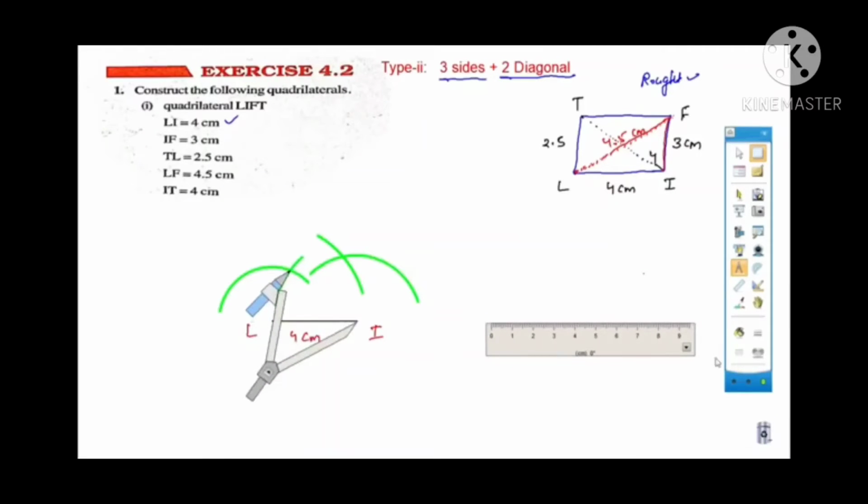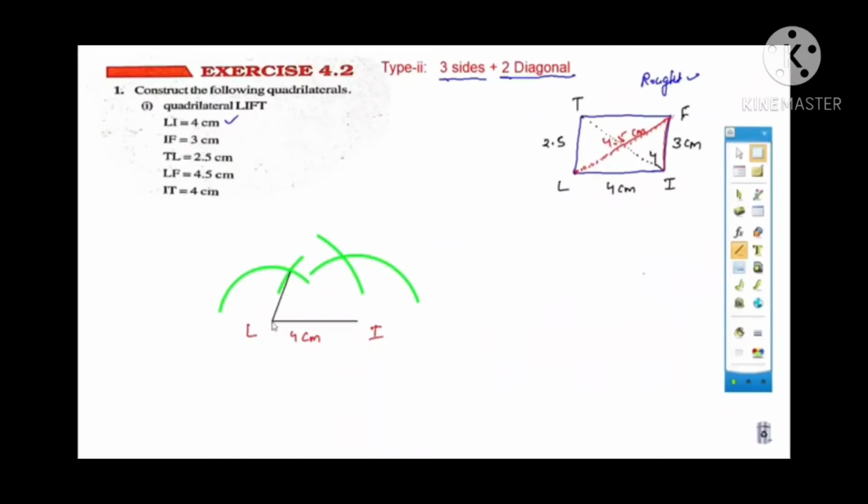Cut the previous arc. Now you have got 2 points there, that is T and F. Join both of those 2 points and join IF also. Now we have got the required quadrilateral, that is LIFT.